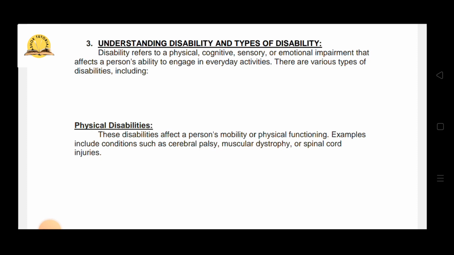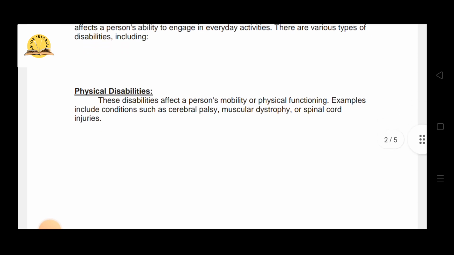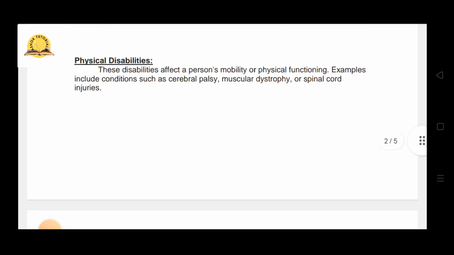All right, then let us see different types of disabilities. First of all, let's see physical. These disabilities affect a person's mobility or physical functioning. Examples include conditions such as cerebral palsy, muscular dystrophy or spinal cord injuries. See, by the very term physical, you understand that this disability has something to do with the physical movement or the mobility of the individual.